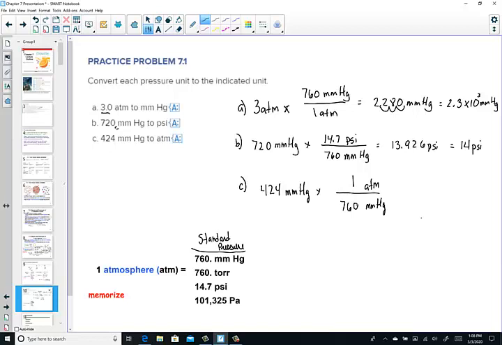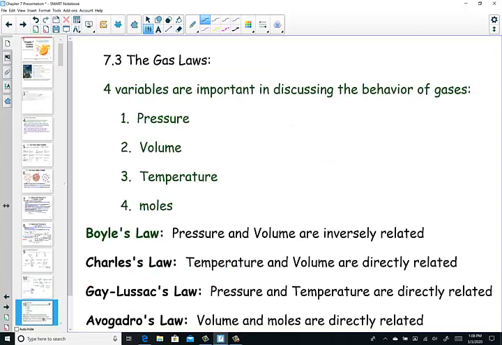So we simply say 424 divided by 760, and my screen reads 0.55789, and there's even more decimals there. But how many should I report? Well, just 3 sig figs, 0.558 atmospheres. Did you do good? All right, easy enough, converting with pressure units.